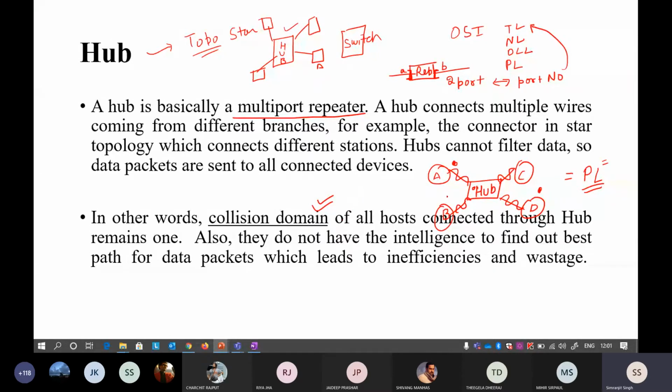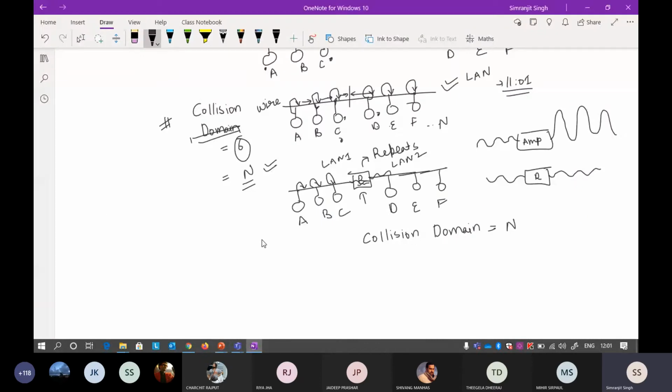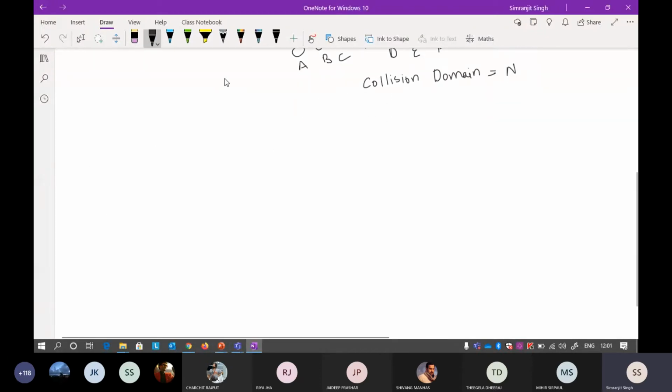Now you may be wondering what exactly the collision domain is in a hub. The hub is nothing but a multi-port repeater. Suppose this is a hub, and four devices are connected to it: A, B, C, D. If all of these four devices send a signal at the same time, there will again be a collision between these four inside the hub.